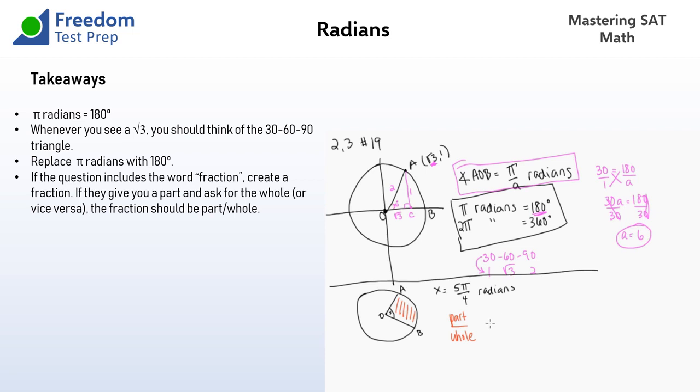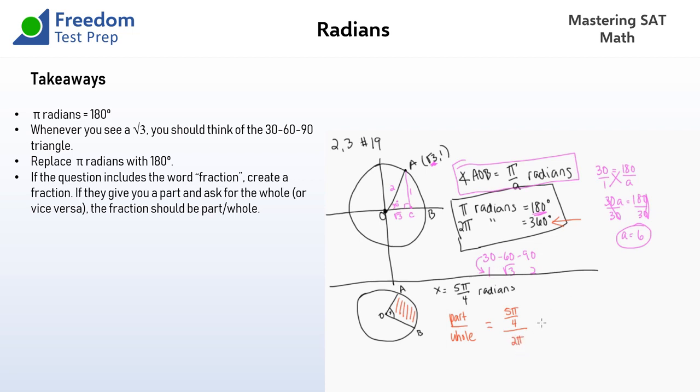So that part is 5 pi over 4. Now, what is the whole in terms of radians? I said up here, 2 pi radians equals 360 degrees. A circle is also equal to 360 degrees. So the whole in terms of radians is 2 pi.